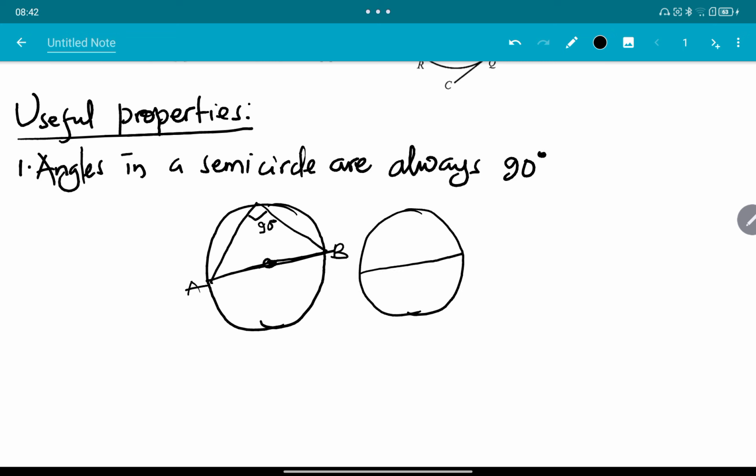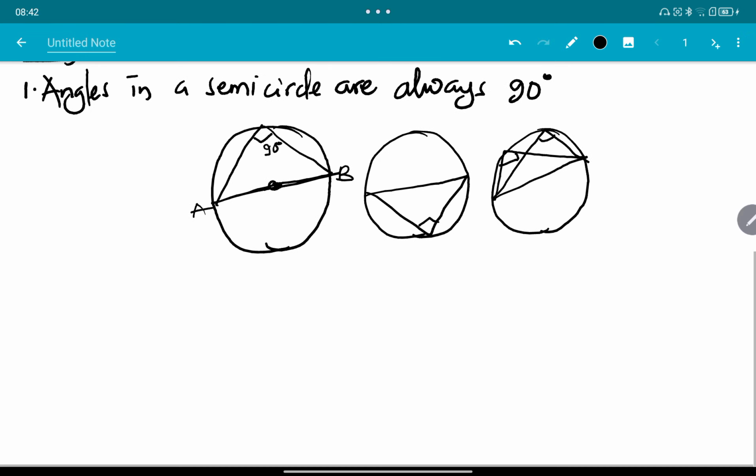We can have another one like that. It can be on the lower side of the circle, still 90, or you can have several such angles so long as you know it is a diameter. This is 90, this is also 90. Okay, that is the first point.